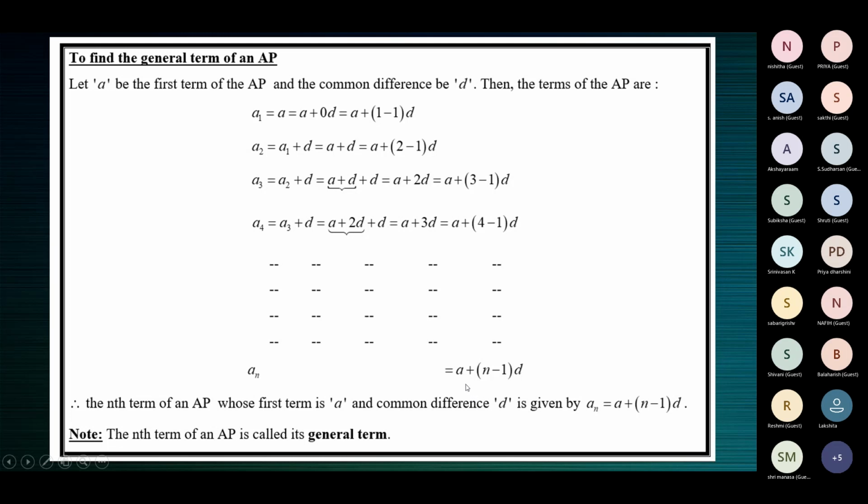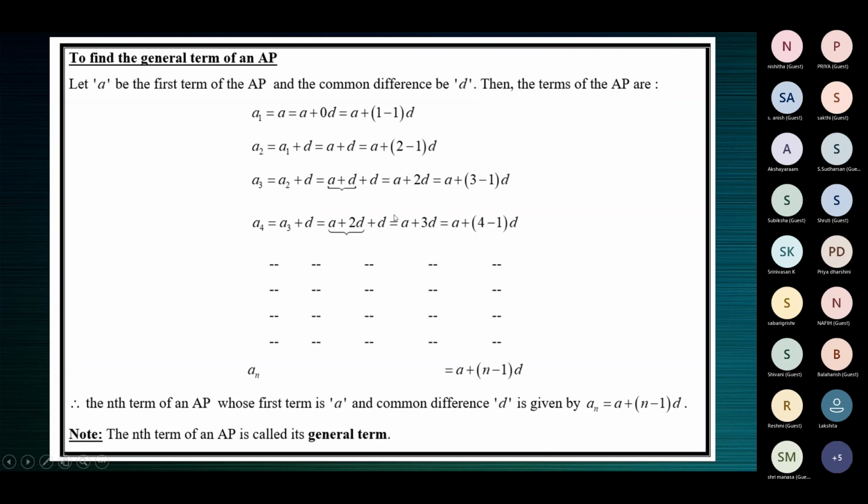A plus n minus 1 into d is the expression used to find the general term of an AP, the nth term, represented as an.